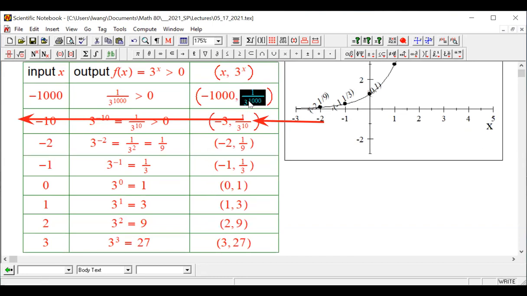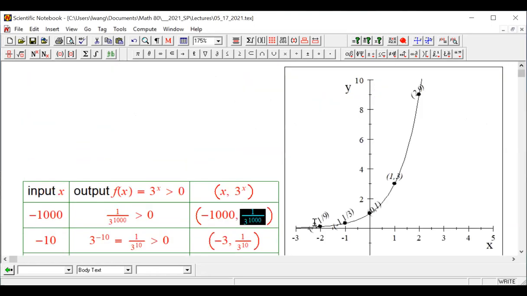A very small number, but larger than 0. So this demonstrates that the entire picture is above the x-axis. They get infinitely close to the x-axis, but never touch it.